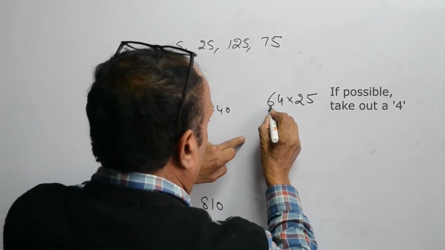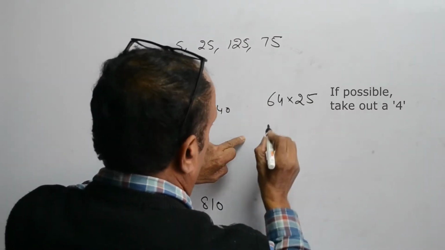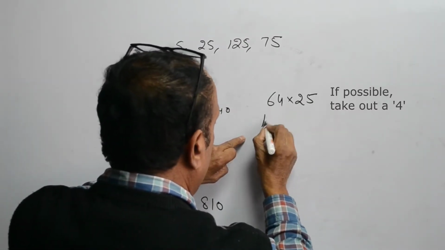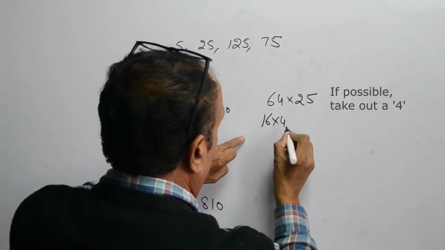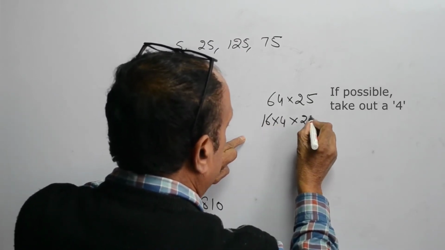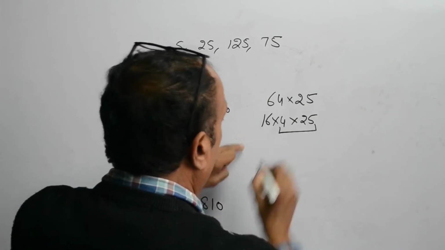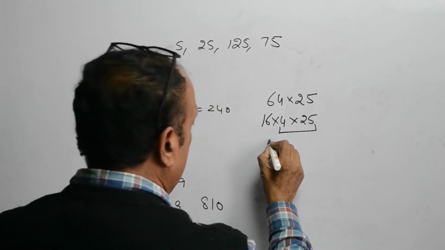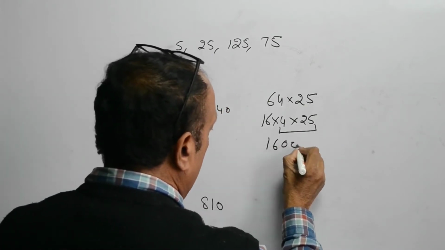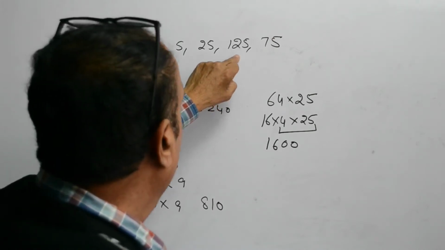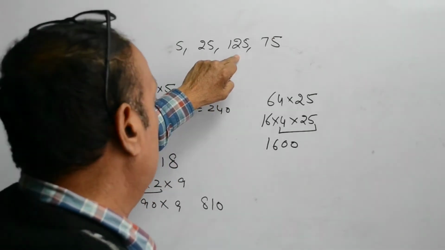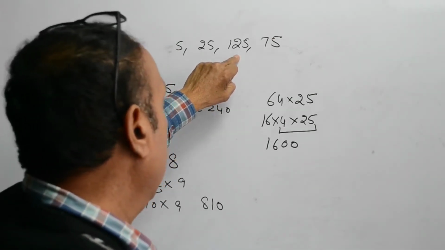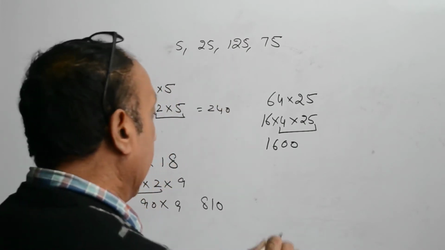So to take out 4 out of 64, 16 into 4 into 25. So this is going to give us 100. So answer is 1600.